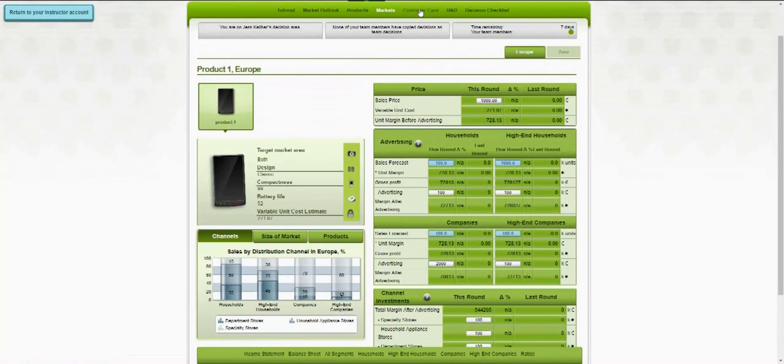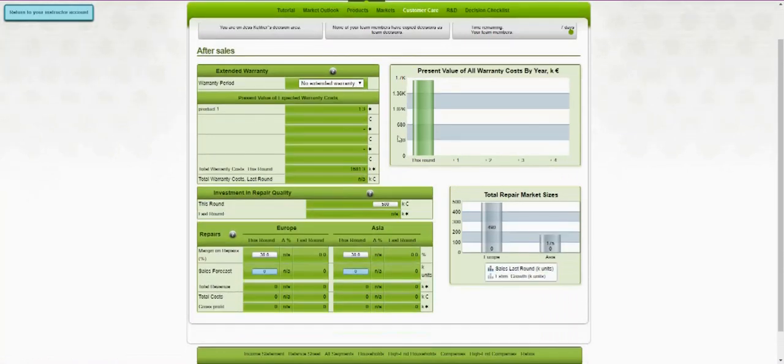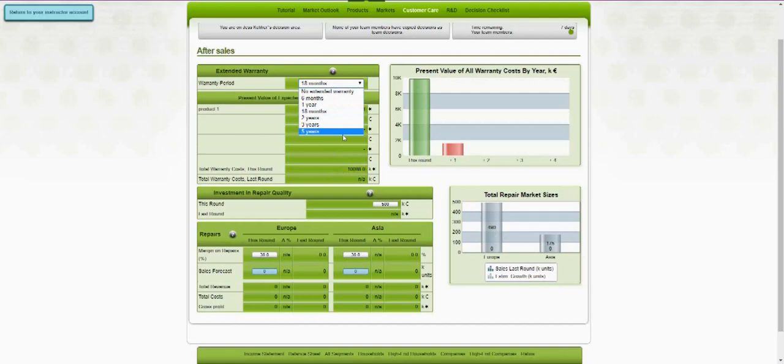Moving on, we can then decide how long our extended warranty period is going to be. So we can think about 18 months, and we can think about what it's going to cost for that. Or we can have 5 years. Or you can have any of these periods, but then it will have the value of the warranty costs.